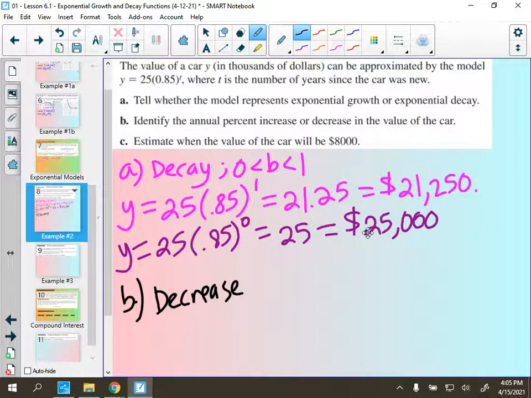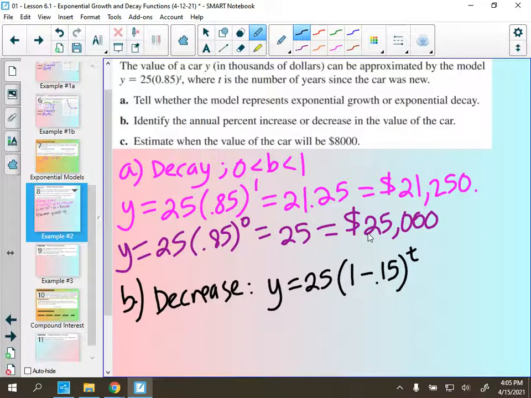This model, before I did any subtraction, must have been y equals 25 times the quantity 1 minus what? And then it was simplified to 25 times 0.85. I just did the 1 minus 0.15, and that's where the 0.85 is coming from.